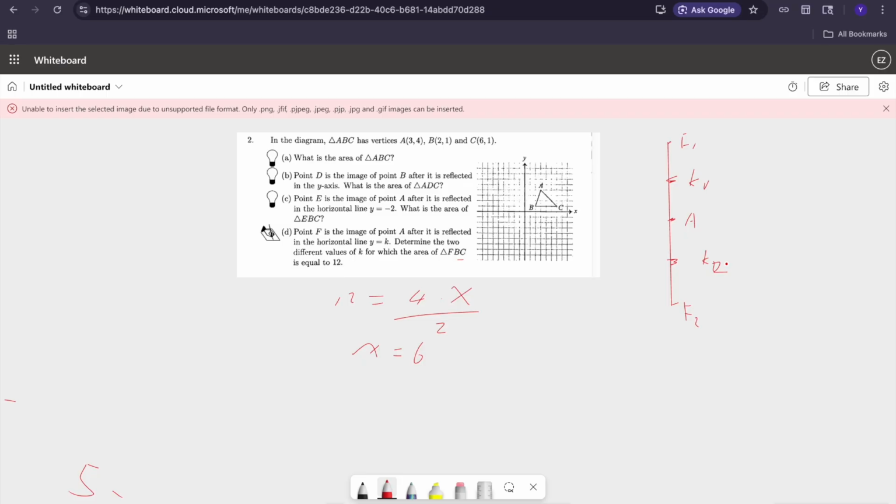We can see, since point A is reflecting in the horizontal line y equal k, this part is the same as this part, and this part is the same as this part. Okay. Based on this, we can do the calculation.